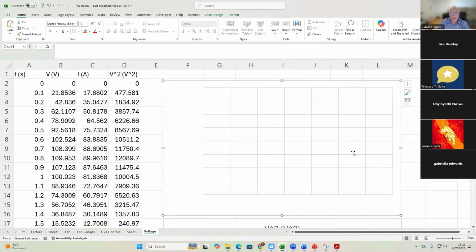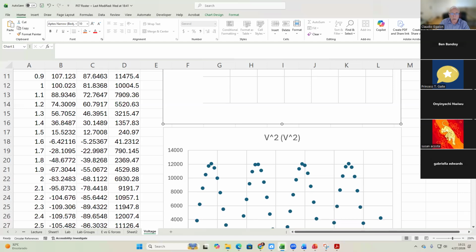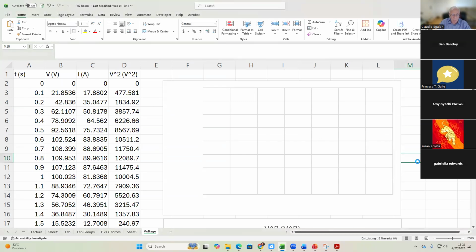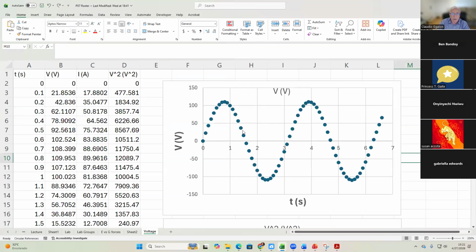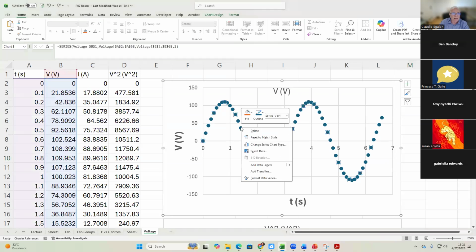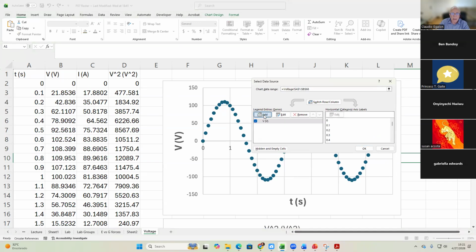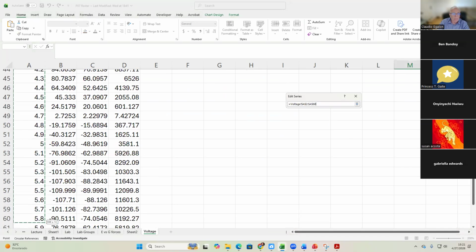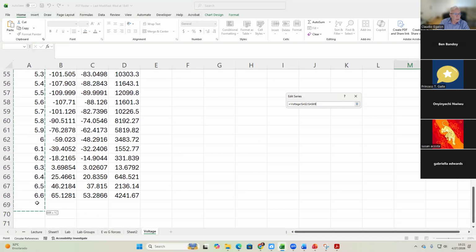Oh, what happened here? Something really odd happened. Let's try it again. Select data, add X values. Here you go. Voltage. And then this one here.